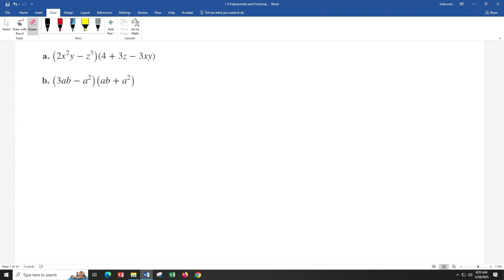First one, what am I going to do? How would you decide to do this first one here? We're multiplying, aren't we? Are we multiplying this first expression by what? The second expression, right? Well, let's remember that we have the FOIL method.